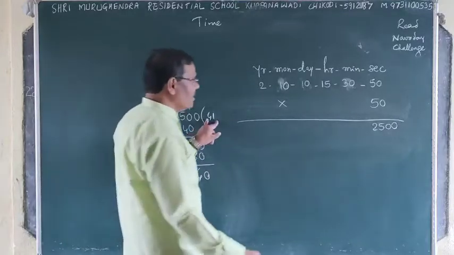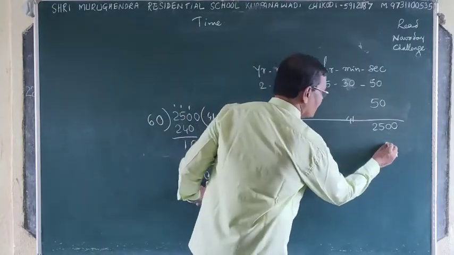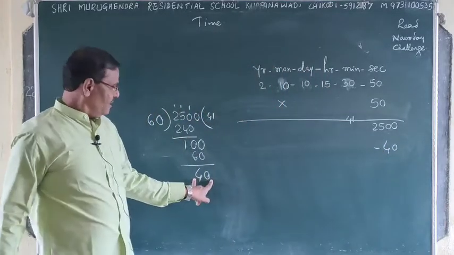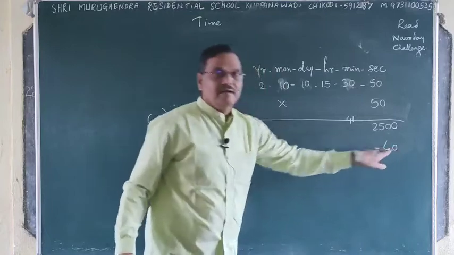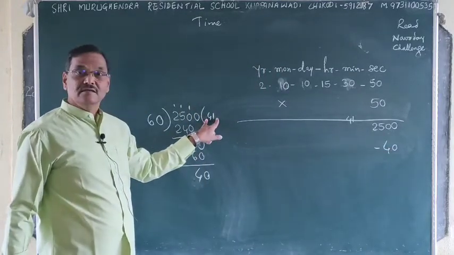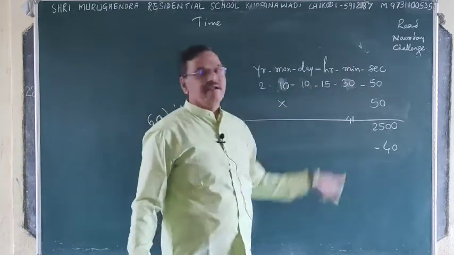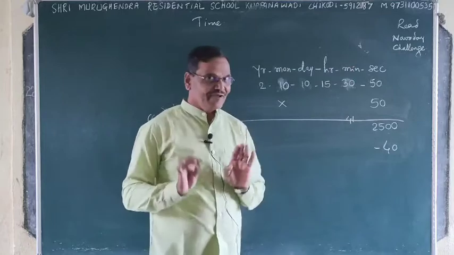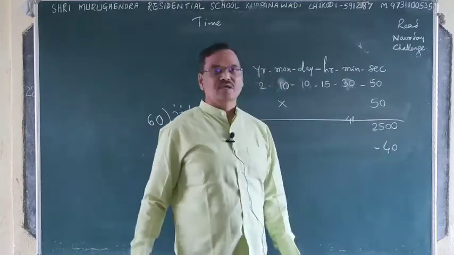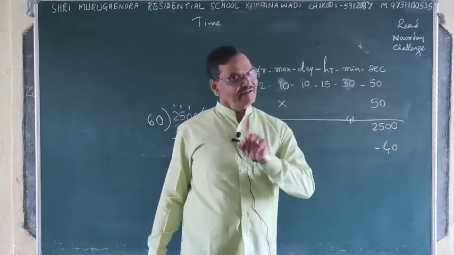So 41 minutes are here, and the remainder should be kept in the second section, and whatever quotient we got should be kept in the minute part. It means that 2500 seconds means 41 minutes 40 seconds.